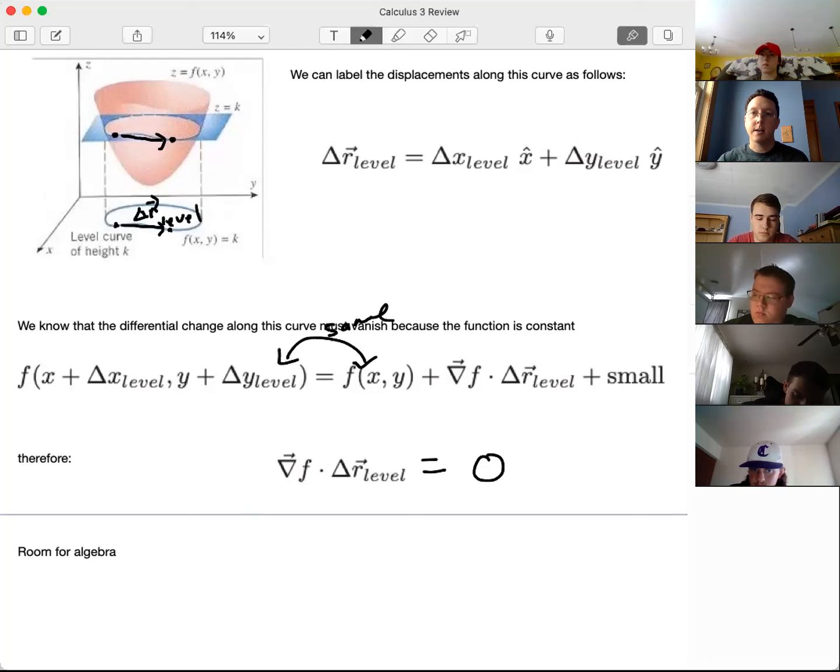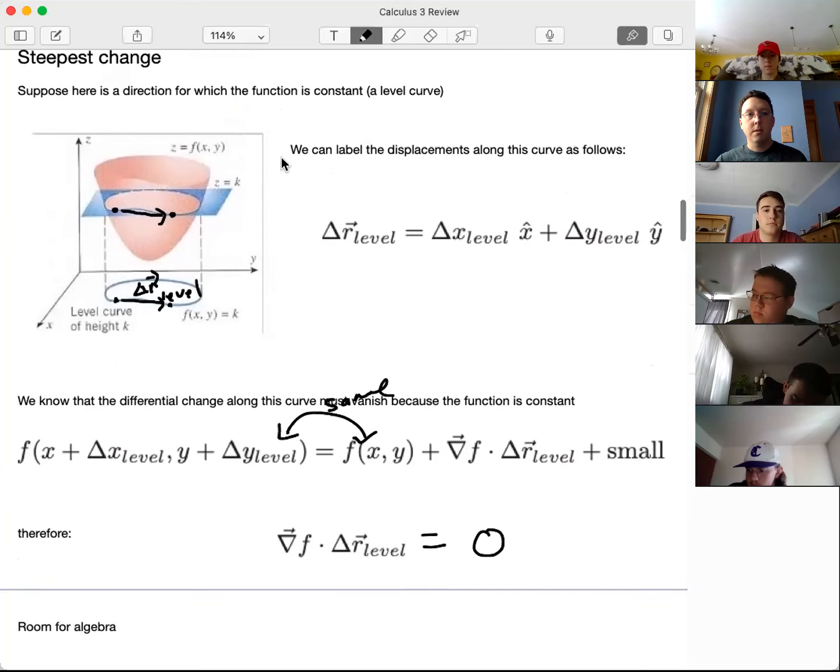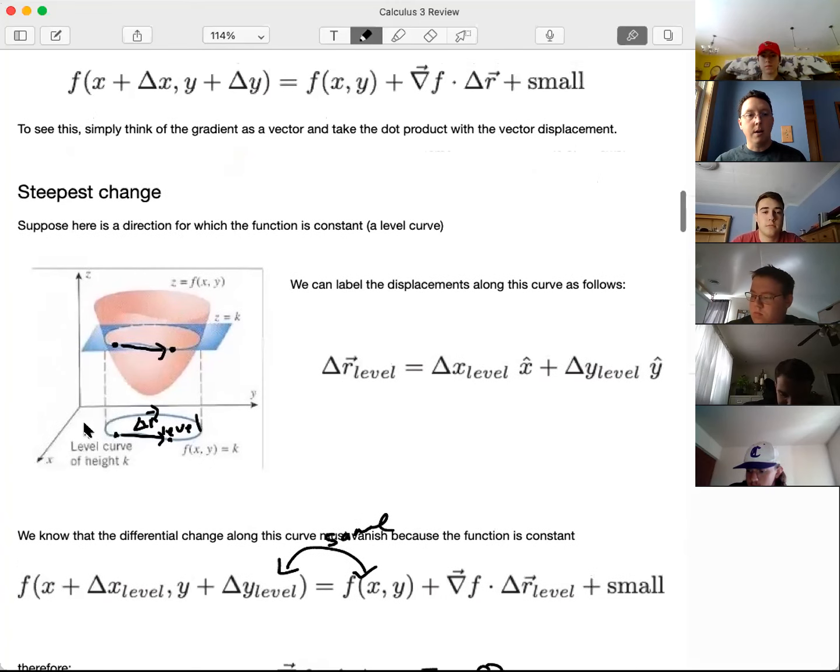How do we feel about that? Is that too big of a jump, or does it seem okay? Billy said he's not sure. So the idea, Billy, is that before we wrote down the formula for an arbitrary path as you walk around in the XY plane.